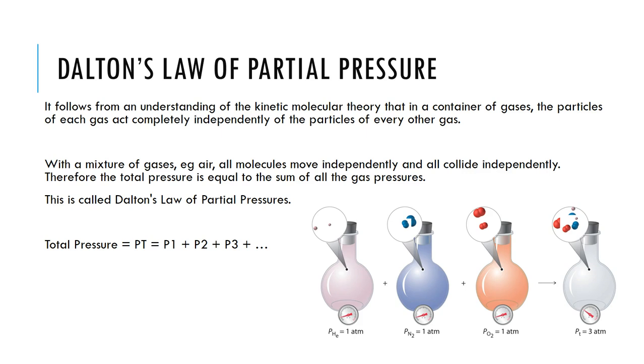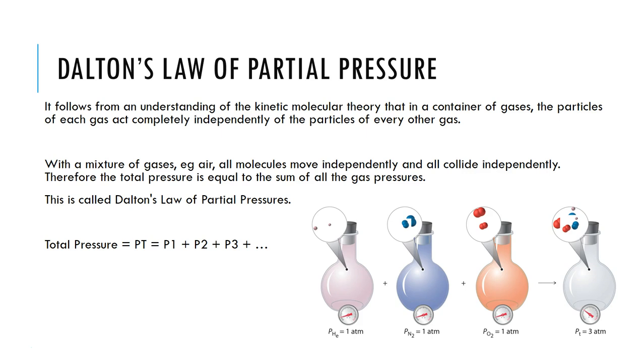If we think back to kinetic molecular theory, where we have our 5 assumptions about how gases behave if they're acting ideally, then we know that the particles of a gas are all independent of each other, which means that if I put neon and oxygen and water vapor into a container, they would all be independent of each other because there are no forces of attraction or repulsion between the particles.